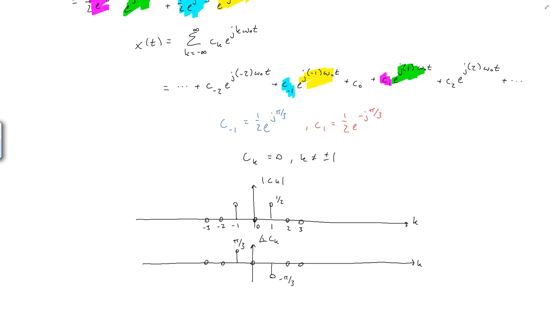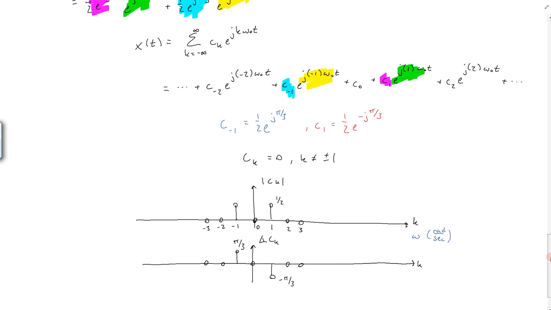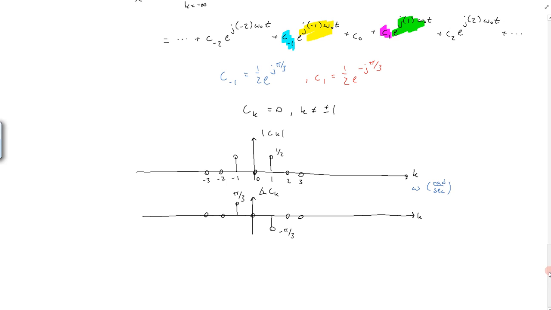We can also look at things in terms of the frequency omega, which is in radians per second as the units. And we can also write those down because we know that the fundamental frequency is 10 pi. We had shown that above. Omega 0 is 10 pi. And we know that each one of these components that we just wrote out is at an integer multiple of the fundamental frequency.